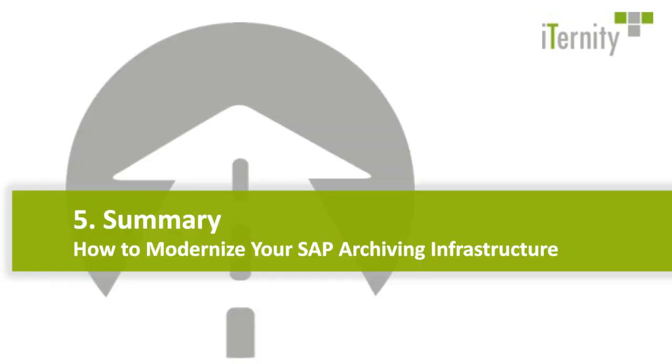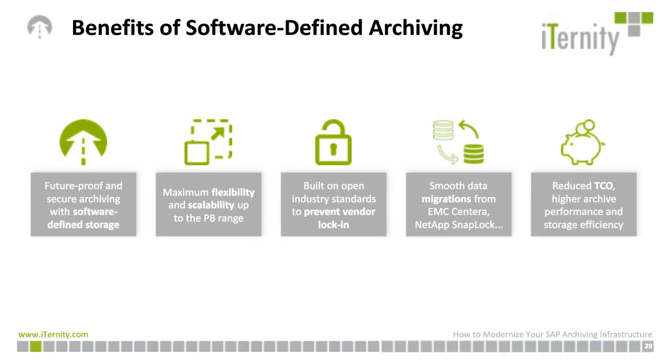Now, before I hand it back over to Brittany for your questions, I just want to quickly summarize what we've learned here. The benefits of the iTernity solution are that it provides future-proof security for archive data. You gain a tremendous amount of flexibility as far as your setup.